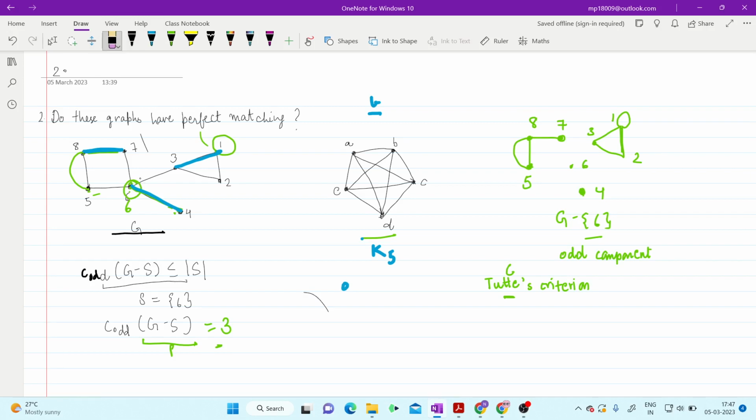Since this graph has an odd number of vertices, a perfect matching cannot be there because this is a simple graph.